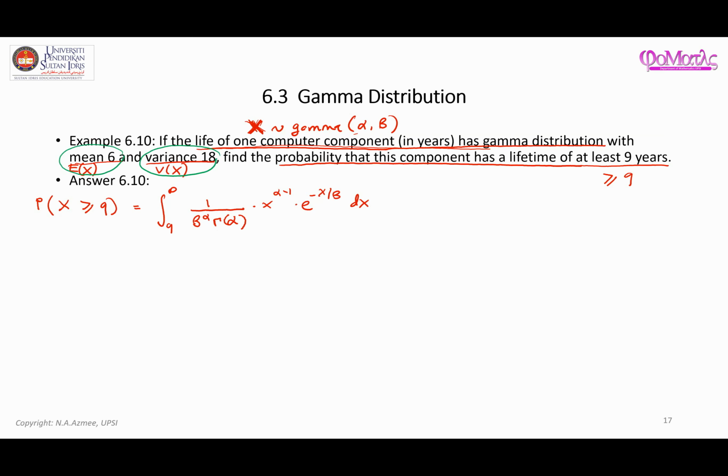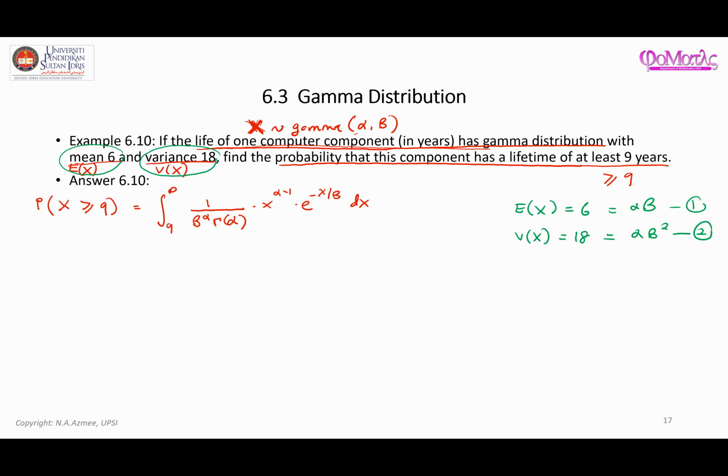We know that the expected value of X is equal to 6, and according to the formula, E[X] is the same thing as alpha beta. So that's the first piece of information. Next, the variance of X is equal to 18, and the formula for the variance of X is alpha beta squared.